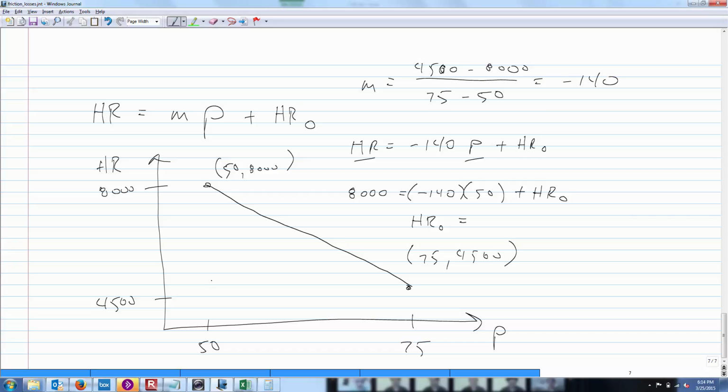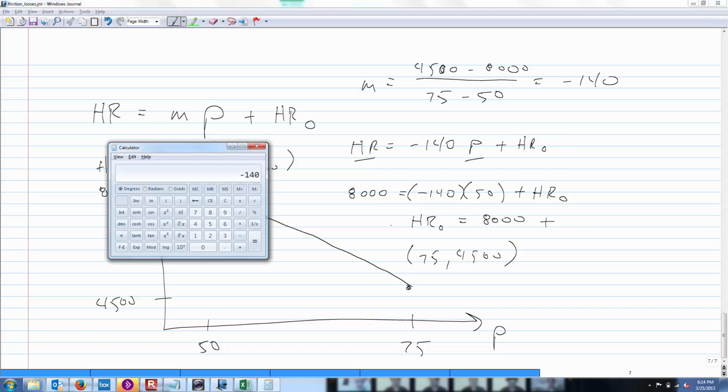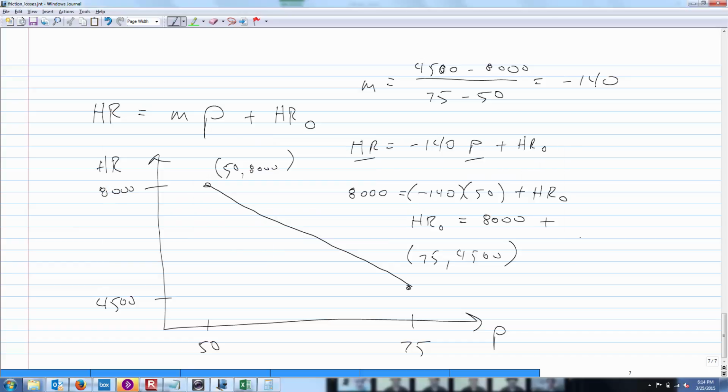You're never going to hit zero, so it doesn't really matter, but we still need to figure it out. So we're looking at 8,000 plus 140 times 50, so plus 7,000.